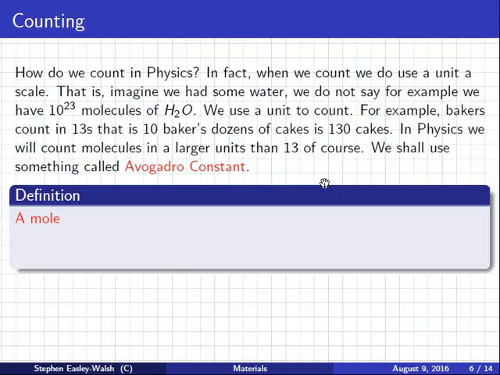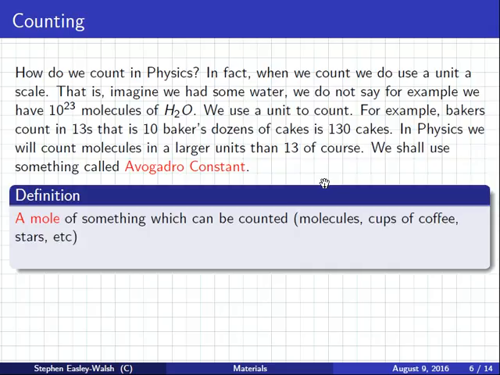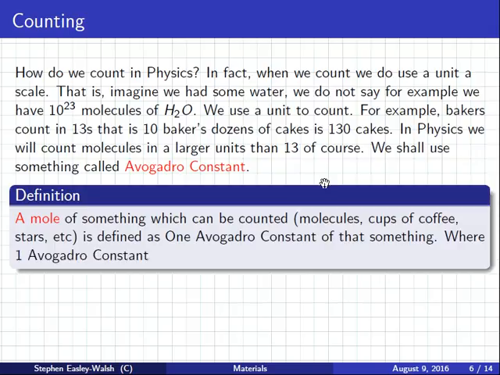So a mole of something, and it can be anything, molecules, cups of coffee, stars, is 1 Avogadro's constant of that something. And 1 Avogadro's constant is defined as this number, 6.02 times 10 to the 23. This is the scale that we usually count in physics, because we need to count many things.